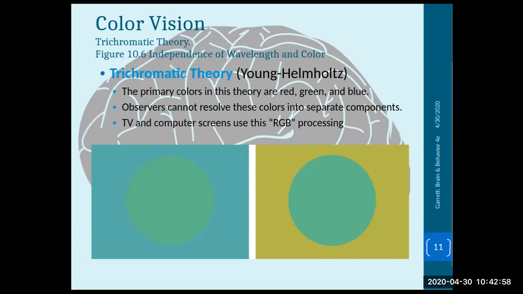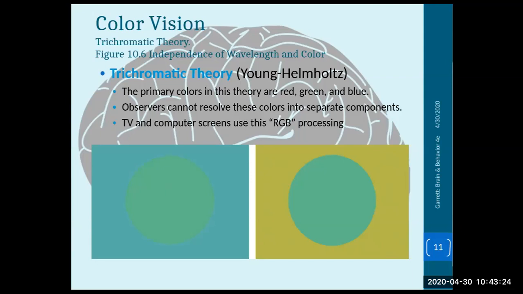Well, guess what? In the visual system, we also have two different theories because one by itself is incomplete. Two scientists named Young and Helmholtz came together when they did research on the eye. They wanted to know what was responsible for color vision, to come up with a theory and be able to test it.